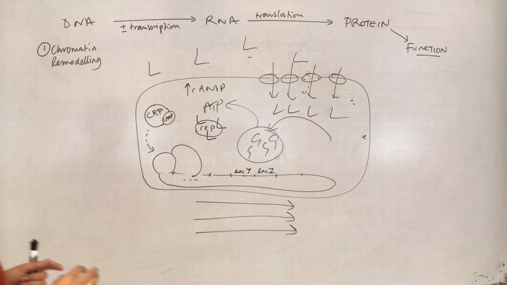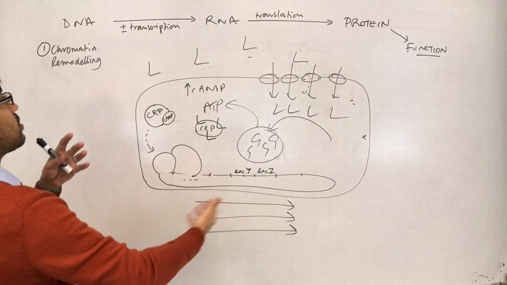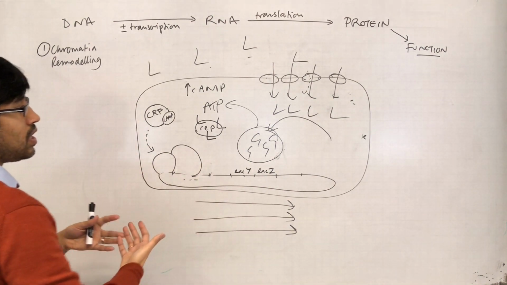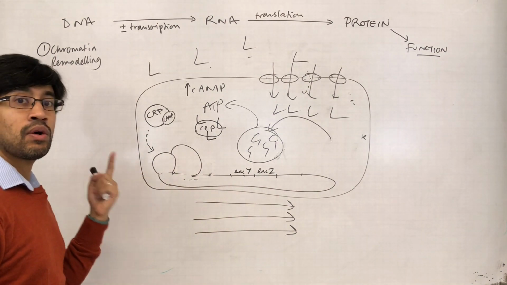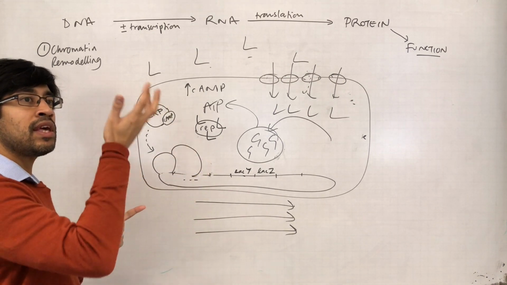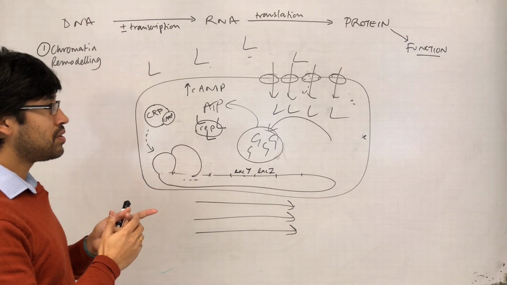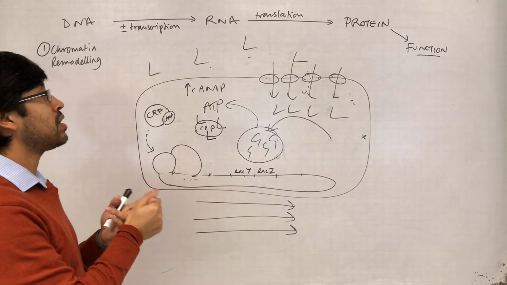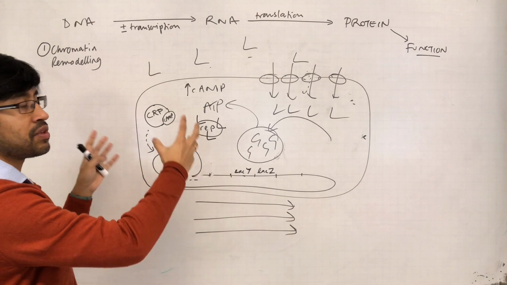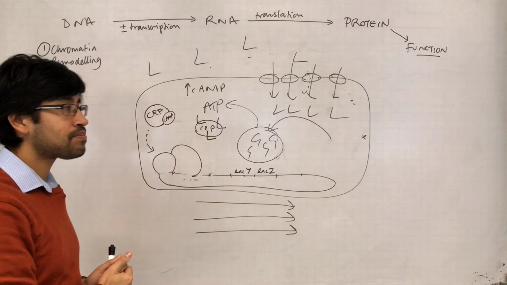So I hope we can see that this is an example of responding to our environment. It's an example of switching a gene on and off, and it's also an example of upregulating a gene that is technically already on, but significantly upregulating it when the need arises.